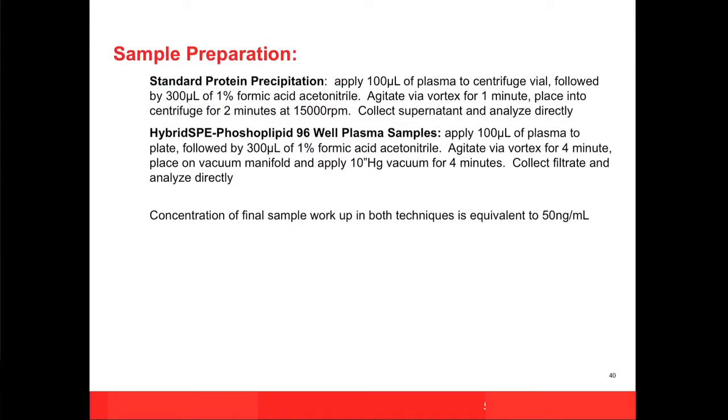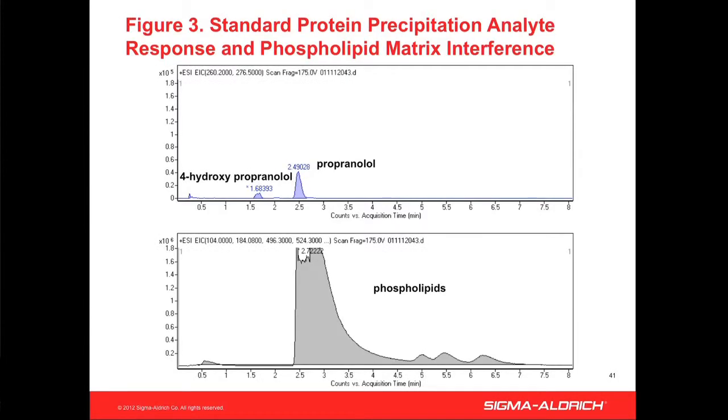So comparing standard protein precipitation, again, this is the same sort of pre-treatment as with the case of this hybrid SPE. The only difference is that the phospholipids aren't removed by the hybrid SPE cartridge. So this is the response if you simply do protein precipitation, where you see these peak heights here, and you see massive amounts of phospholipids that are retained by the column as well.